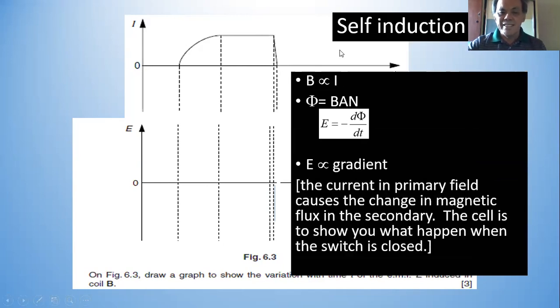So ultimately, E is proportional to the gradient of the tangent to the curve. So this part is like maximum, then it starts to decrease to 0. Then this part is 0. Gradient is 0. If this part is positive, then this part must go negative.